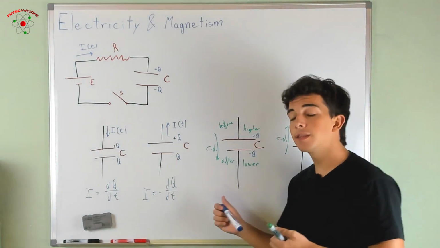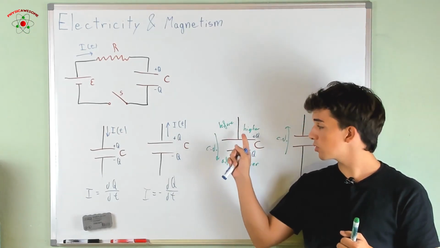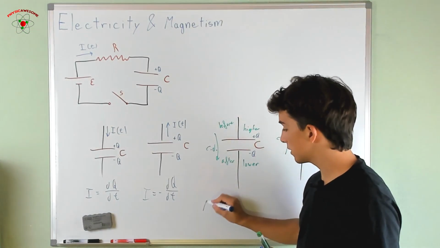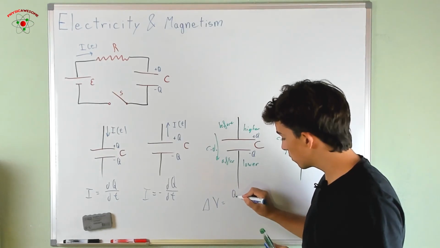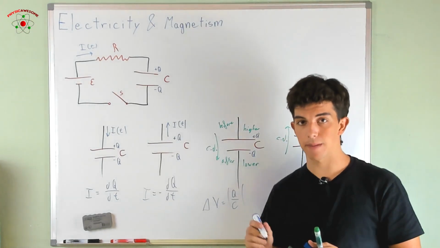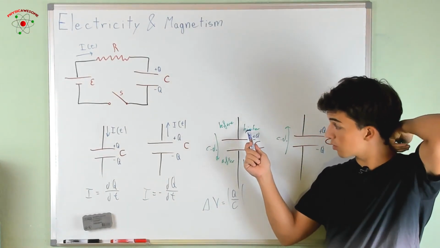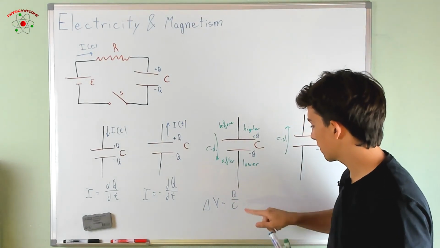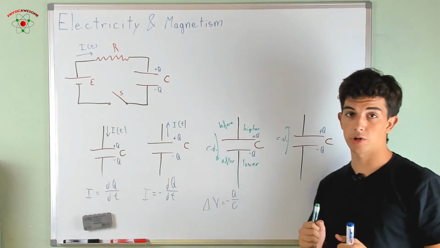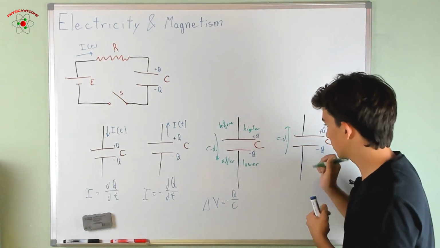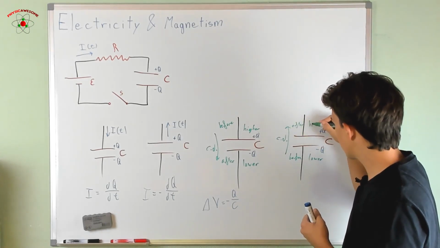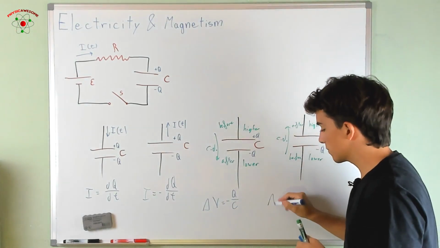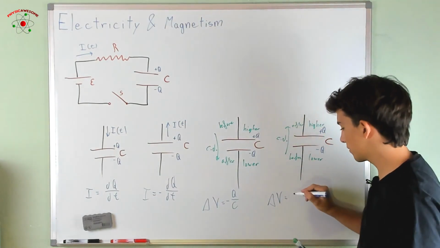Moreover, we recall that this charge is related to the change in potential by this quantity C. Therefore, we know that delta V is equal to Q over C, at least in magnitude. In this case, as we're going from higher to lower, we conclude that it has to be negative. In this other situation over here, it's the opposite. We are going from lower to higher. Therefore, the change in potential is going to be positive.